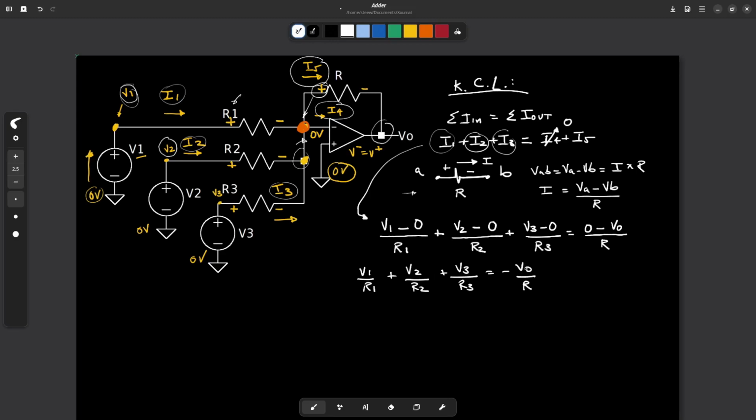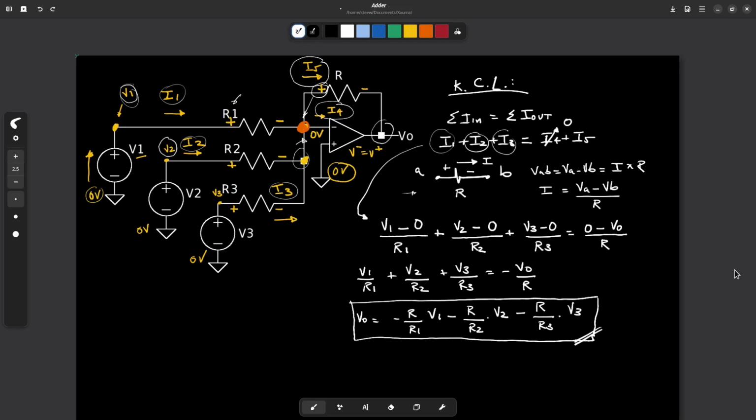So by manipulating this last equation, I could get V0 equals minus R divided by R1 times V1 minus R divided by R2 times V2 minus R divided by R3 times V3.